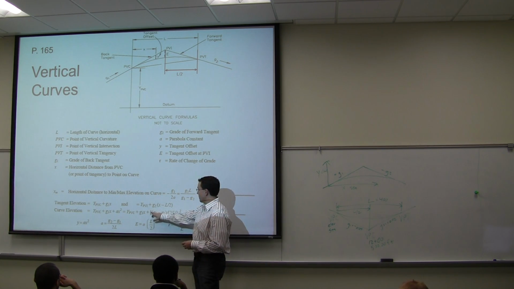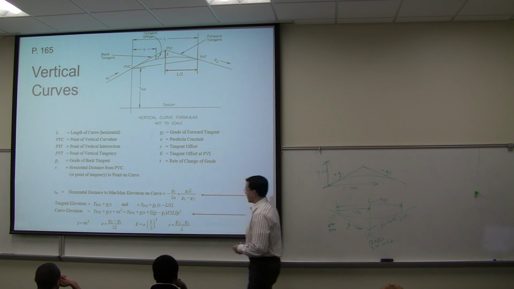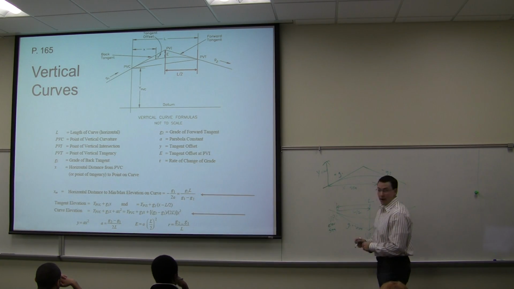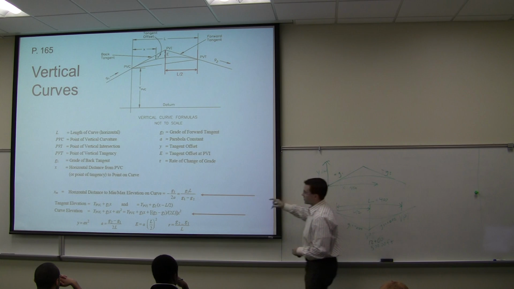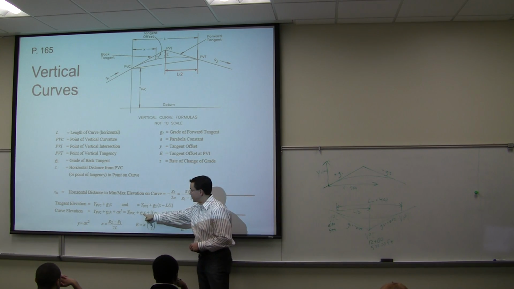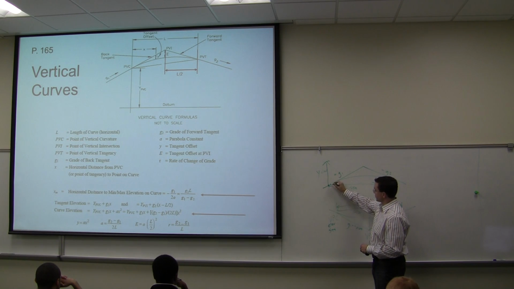Yeah, this is the equation for a parabola, and this is that parabolic offset term. So the way I typically explain this, you've got your Y PVC, so this is your VPC, you've got the elevation there. The second term, plus G1X, for the X distance, you're just projecting.